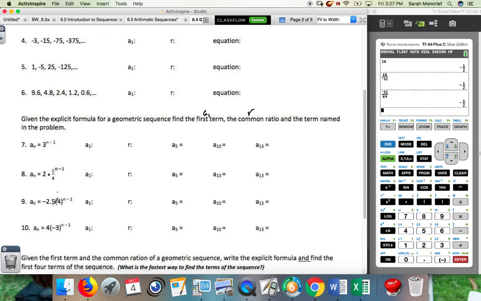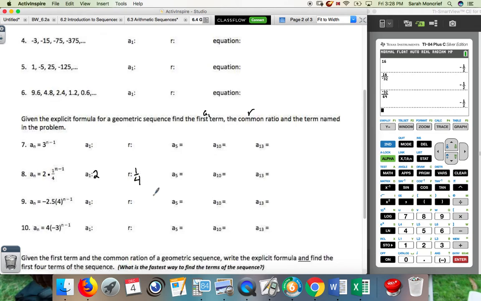So let's look at 8. We have a sub n is equal to 2 times 1/4 to the n minus 1. So what's my a sub 1? That's 2, that number right there in the front. And the r is going to be the number that has the exponent, n minus 1. So what's my r? 1/4.